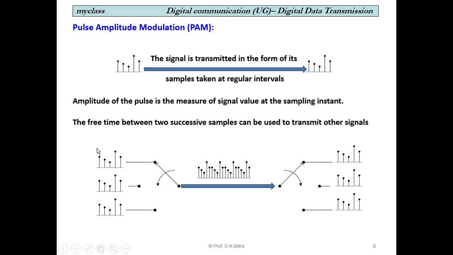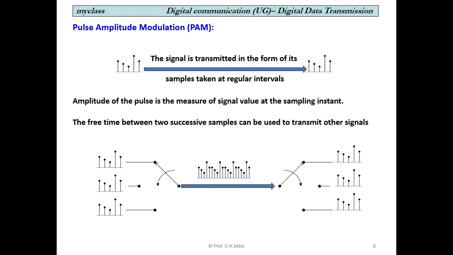It is like, say, this is signal 1, this is signal 2, this is signal 3. And this is receiver 1, receiver 2, receiver 3. On the transmitting side, there is an electronic switch. On the receiving side, also there is an electronic switch. And these two switches are synchronized.